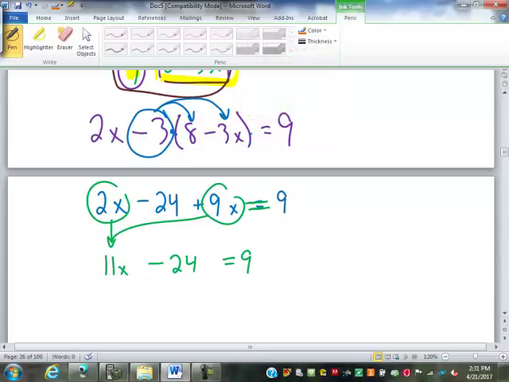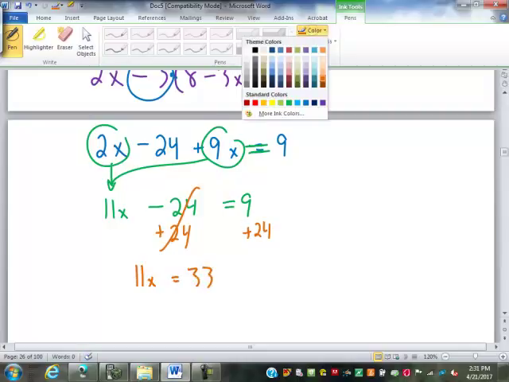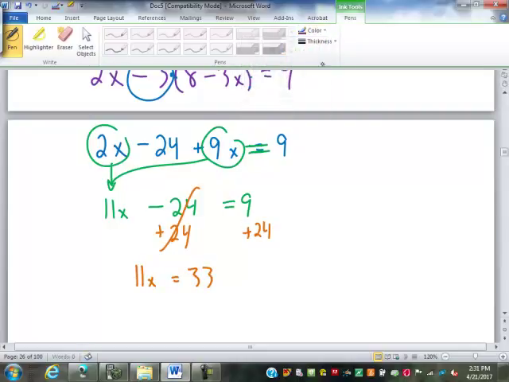What's next? Careful. We have to add the 24, since we're solving for x. So 11x equals 33. Then divide by 11. So x equals 3.